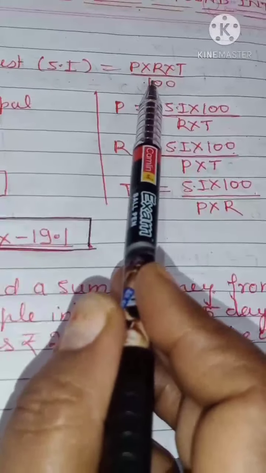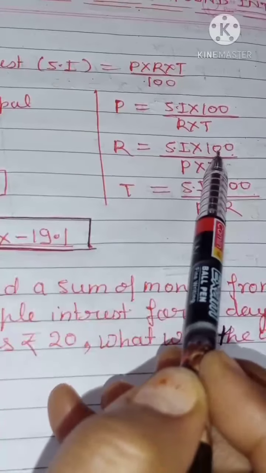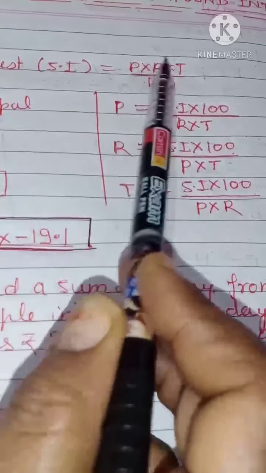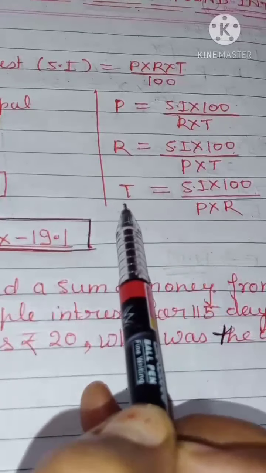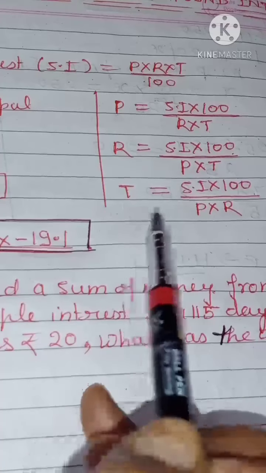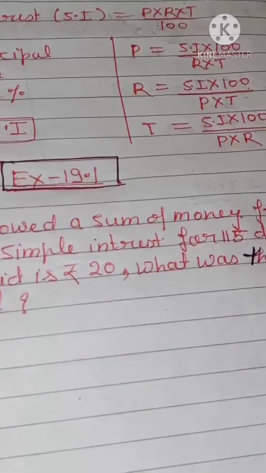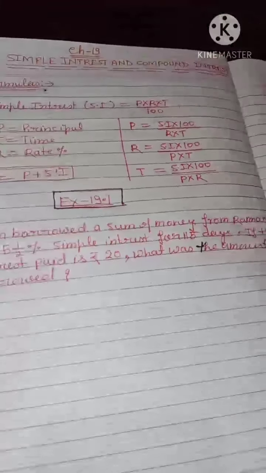If we would like to calculate R, then it will be, beta, simple interest multiplied by 100 divided by P into T. In the same way, for the calculation of T, the formula is also written over here. Now we are going to start exercise 19.1 based on these formulas.